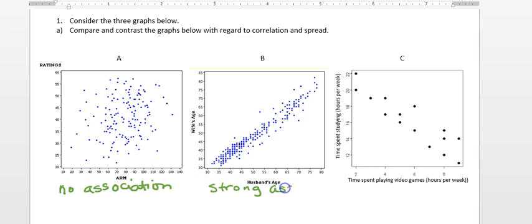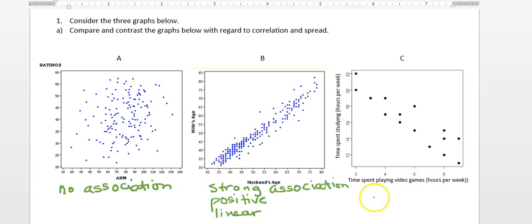We say that they have a strong association because the points are so clustered tightly together. We also would say that this has a positive direction because as you move from left to right, all of the points are going up. And you could even say that this looks like it is linear, although that's not often asked.